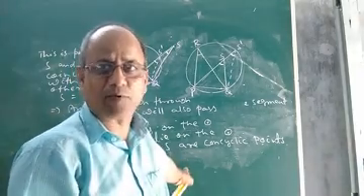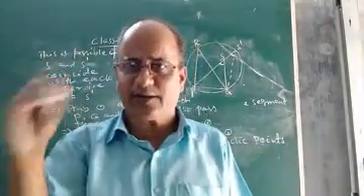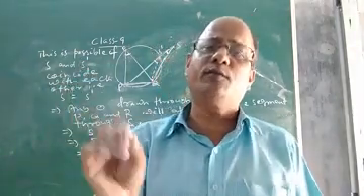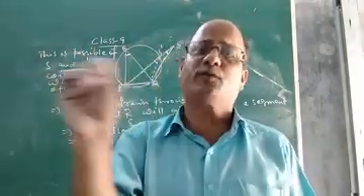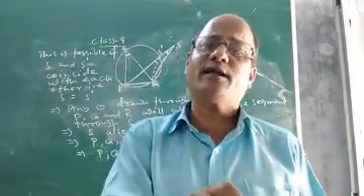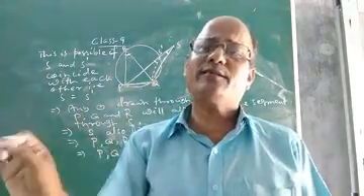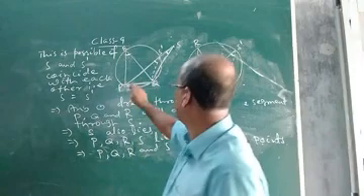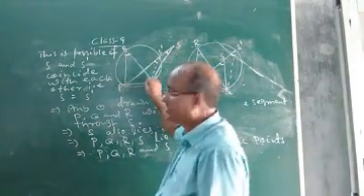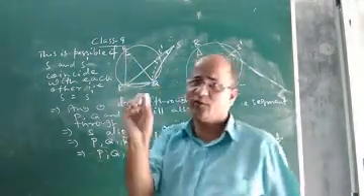We got the idea from theorem 10.10. So, once again let me summarize what I discussed in this theorem. In theorem 10.10, we proved that suppose you are given a line segment and 2 points lying on the same side of the line segment, such that the angles made by the 2 points with this line segment are equal, then these 4 points P, Q, S and R will be concyclic.